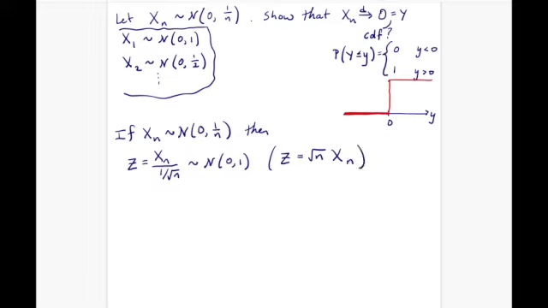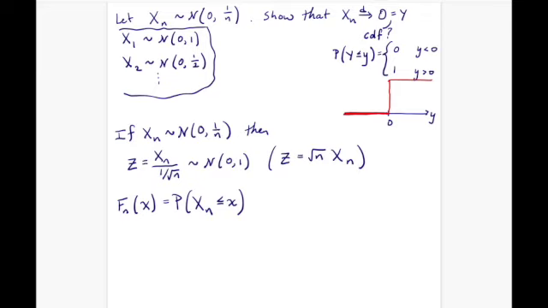And so ultimately we want to know whether Fn, the CDF of xn, converges anywhere. By definition, this is the probability that xn is less than or equal to little x.